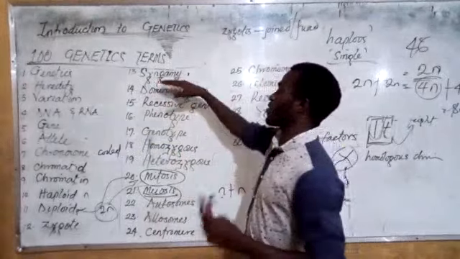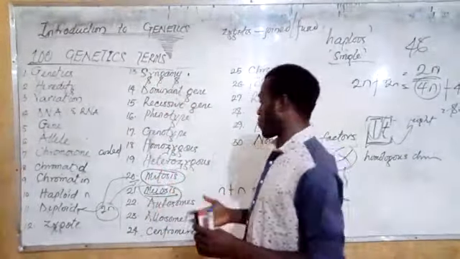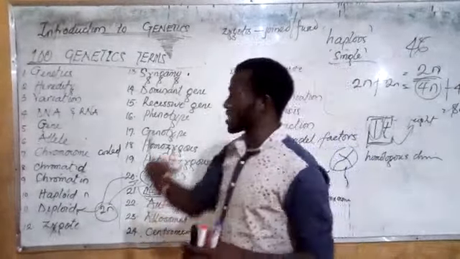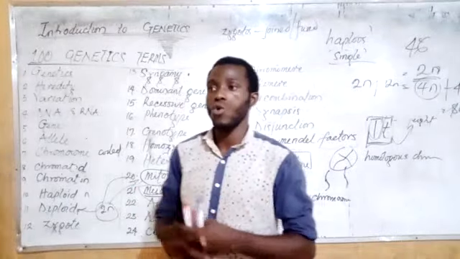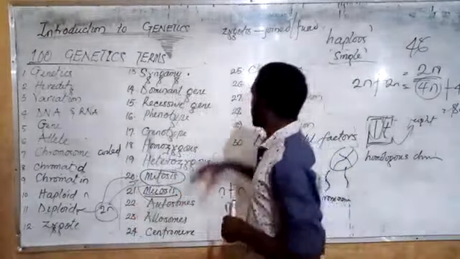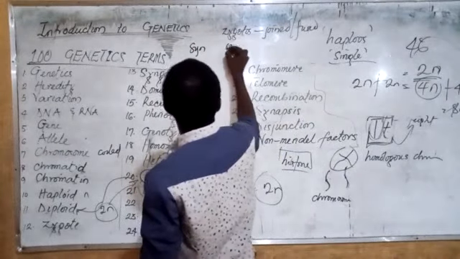The word syngamy is very simple. It's basically the technical biological term for fertilization. So the zygote is any organism that is formed from the syngamy of two gametic cells. Syngamy is gotten from two Greek words, which are syn and gamy.